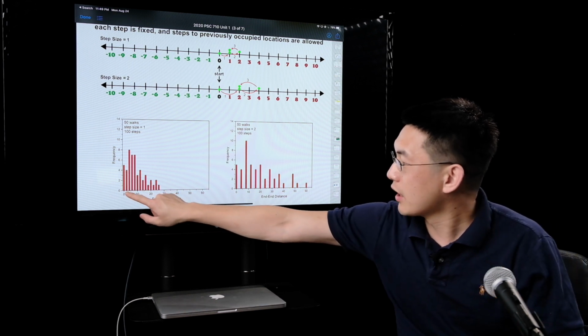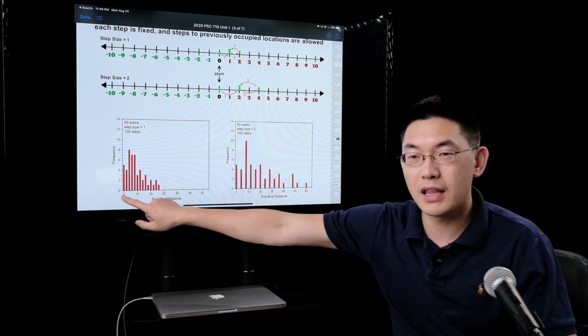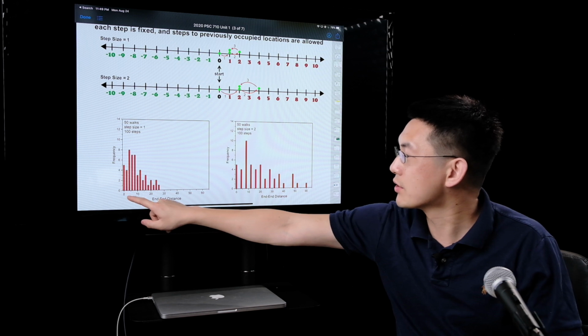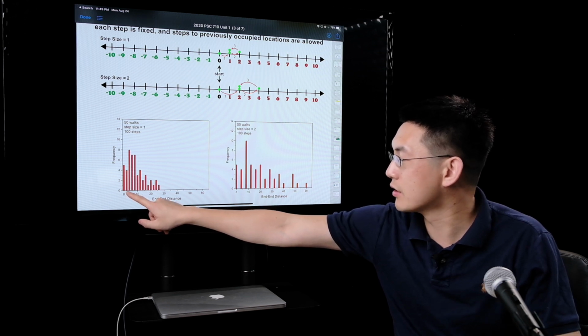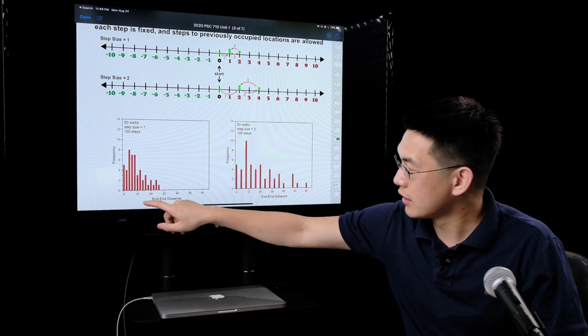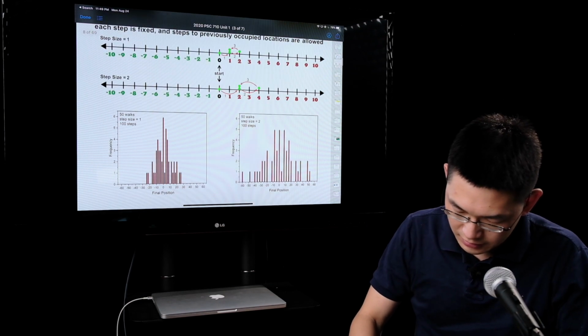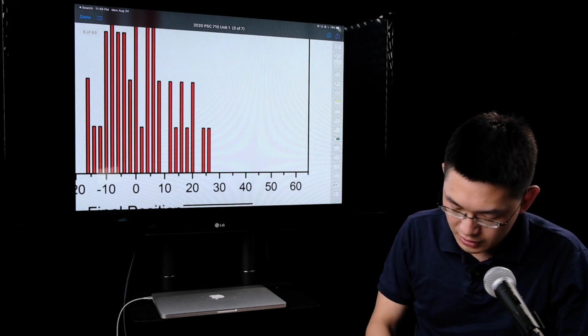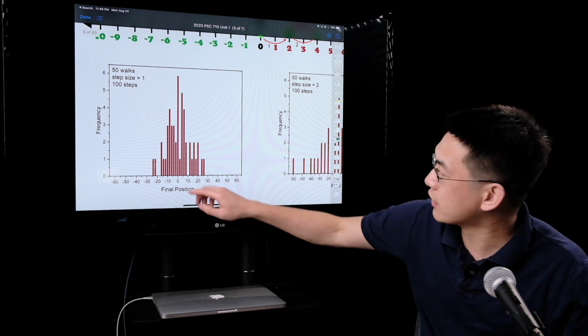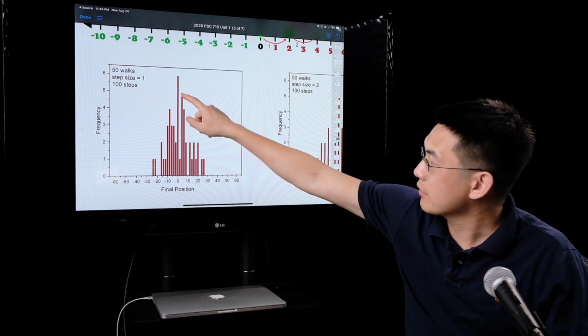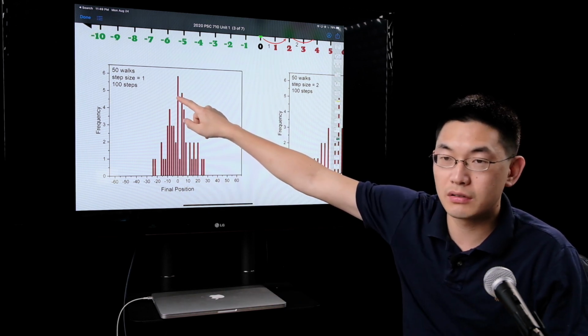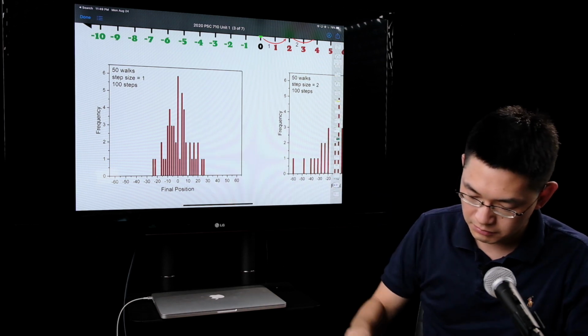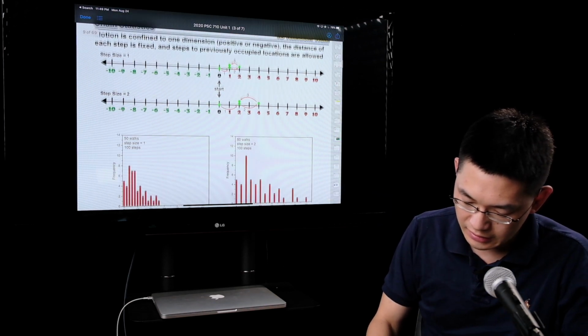So we have a lot of chances at 0, but that means the distance will be 0. We have some chance of an end-to-end distance of 1. If you go back one slide, you have some chances of ending up at this value 1, right?